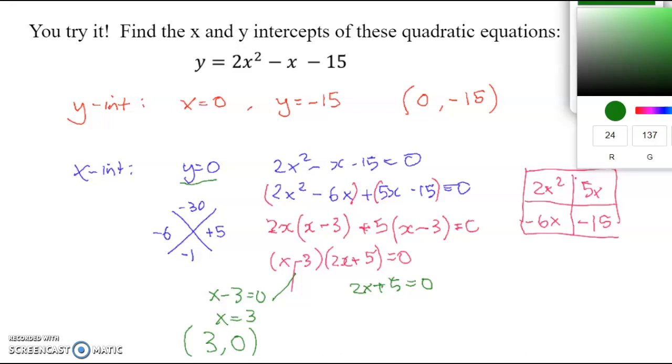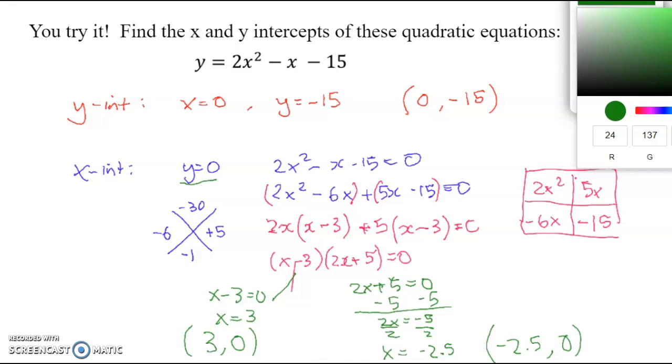The other solution, you can subtract 5 from both sides, and you're left with 2x is equal to negative 5. Then divide both sides by 2. So then x is equal to negative 5 over 2, or negative 2.5. So for this coordinate, it's going to be negative 2.5, comma, 0.